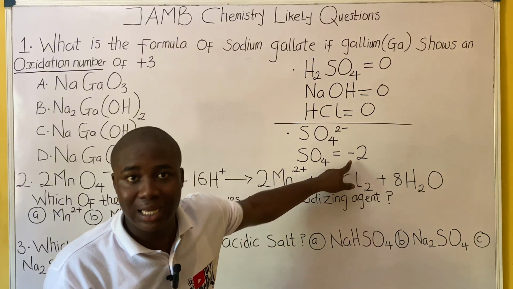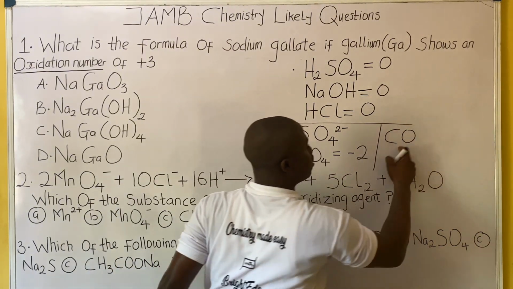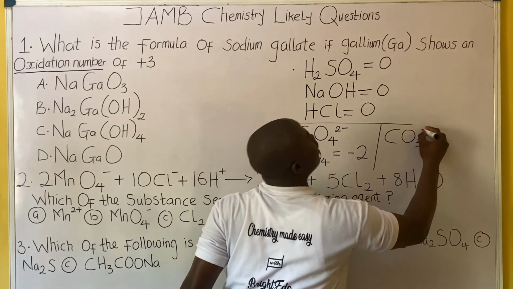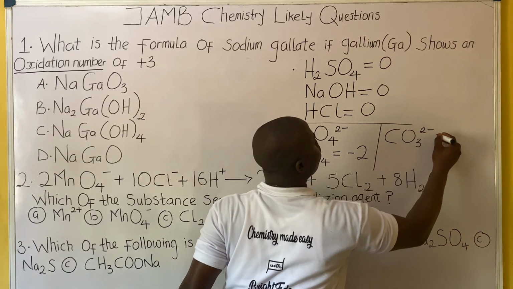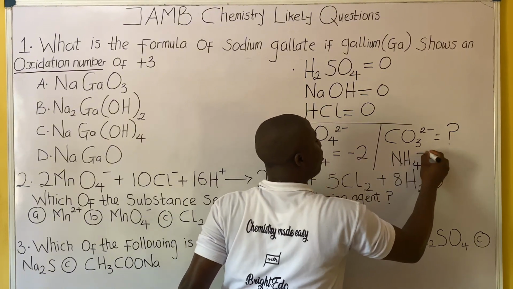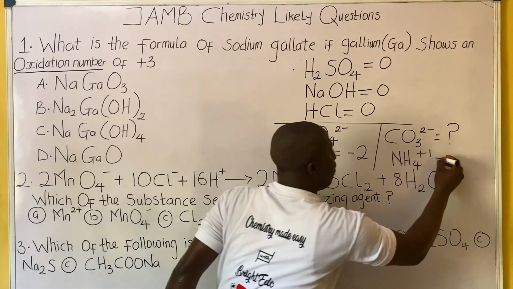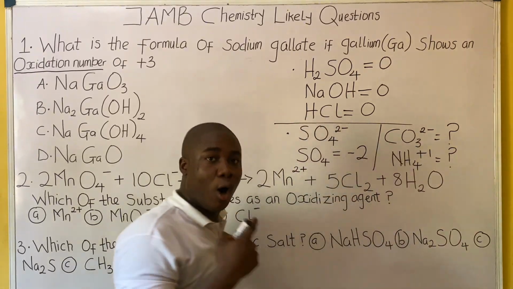Do you understand? That's how it was solved. It's very simple. Now work this out. What's the algebraic sum of the oxidation numbers in this radical CO3 2-? And for this other one, NH4 plus, this ammonium radical, with a charge of +1 to be specific, tell me the algebraic sum.